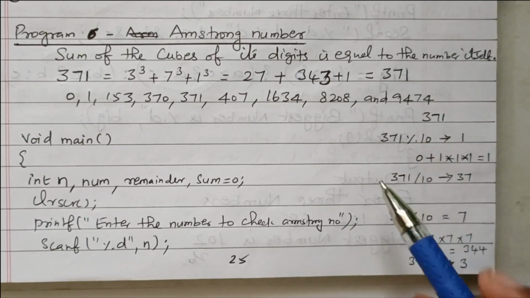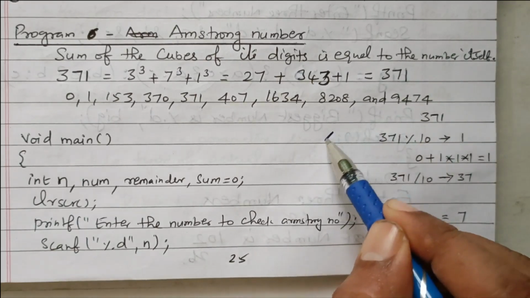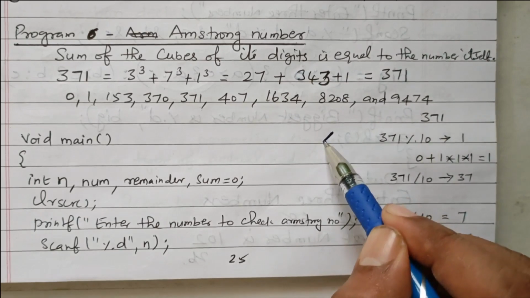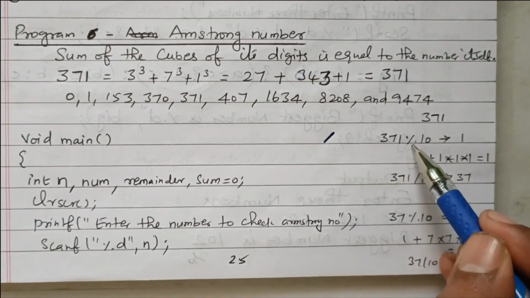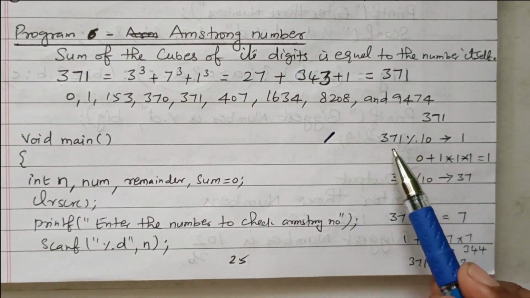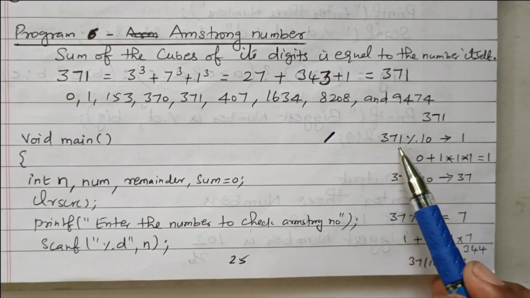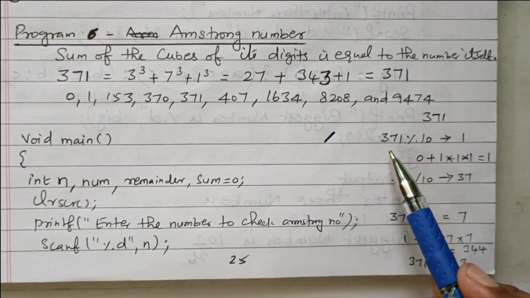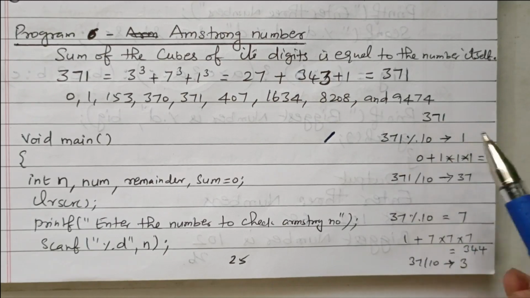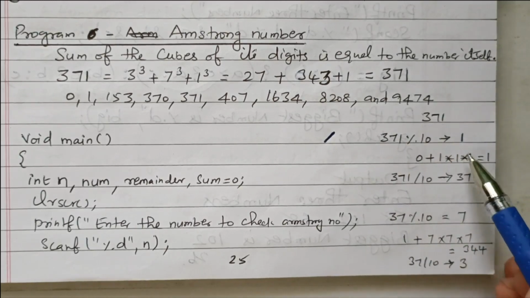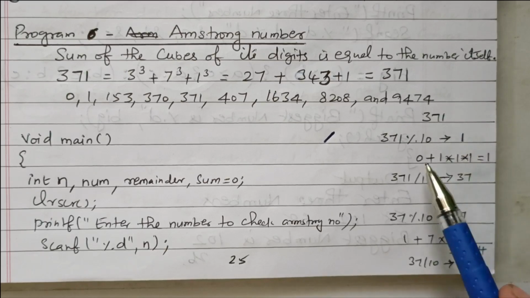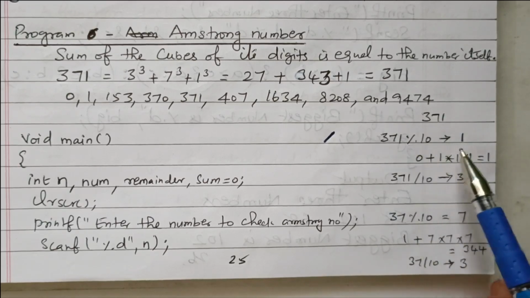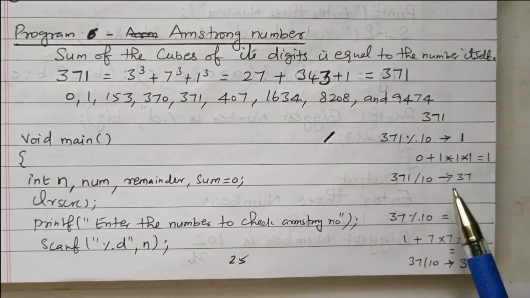What is the meaning of modulo division? Division gives the quotient value, while modulo division gives the remainder value. After dividing 371 by 10, it goes 37 times and the remainder is 1. So by using the modulo operator, we got the last digit.